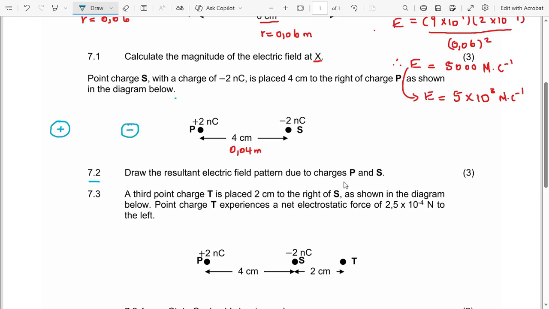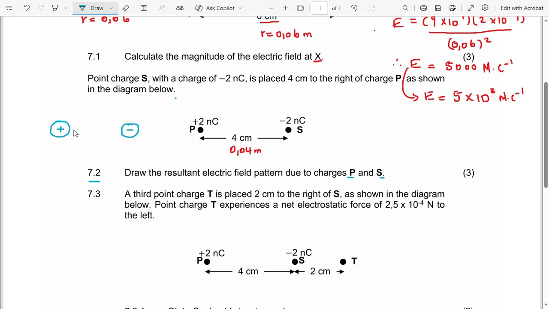They said due to charges P and S, so you need to do it for both of them, okay? The electric field lines exit and enter the charges perpendicularly to the surface of the charges. First thing first, the most important thing that you need to remember is that the field lines point away from a positive charge.